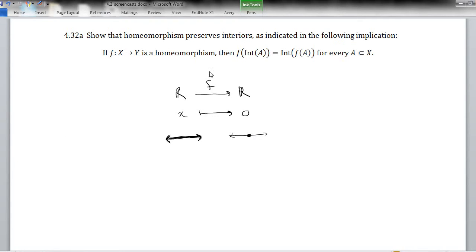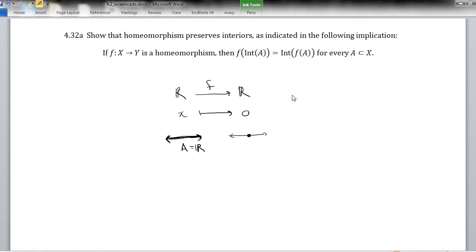Let's think about what the two sides of this equation would be in this case. Let me take A to be equal to R, so it'll be the whole domain.